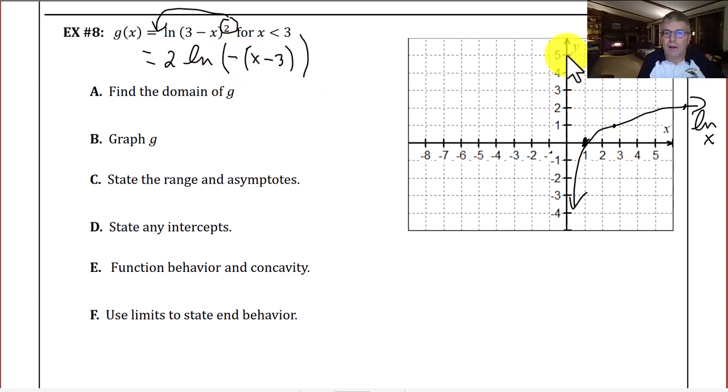So we're going to take our asymptote here, and it's going to get shifted 3 units to the right, so we're going to have a new vertical asymptote at x equals 3, and this point here is going to move there to 4.